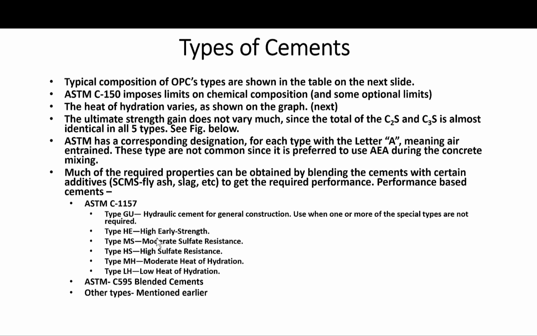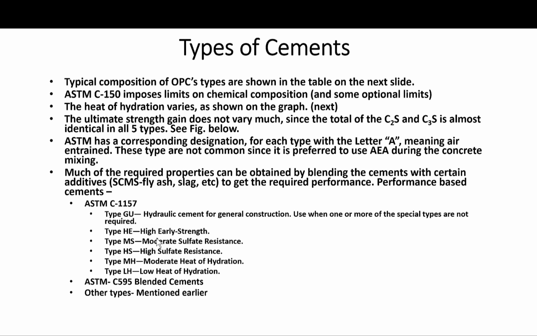Also, much of the required properties, remember the performance-based approach, can be obtained by blending cements with certain additives. As I mentioned, the supplementary cementitious materials such as fly ash, slag, and metakaolin, etc., to get the required performance.